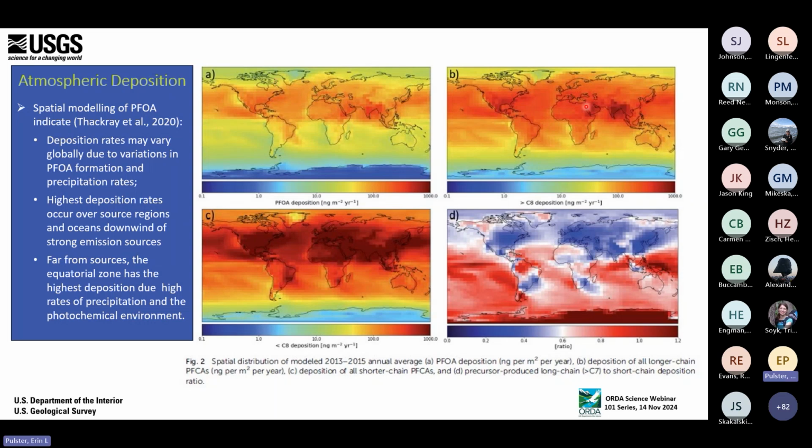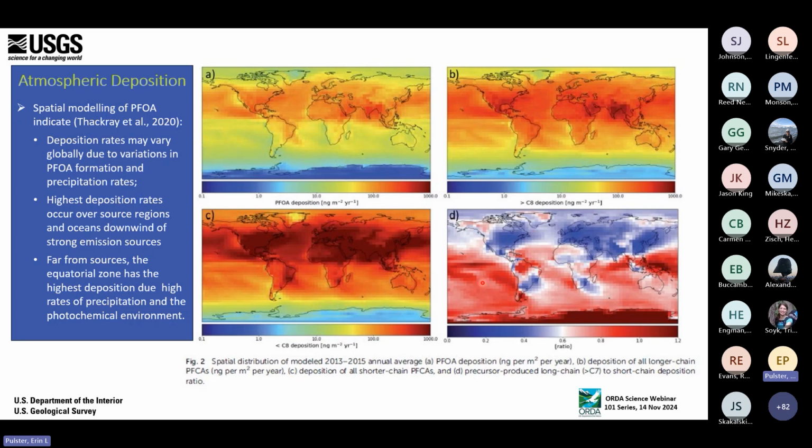These highest deposition rates, again, typically occur over source regions or downwind of strong emission sources. And then what you see from a lot of the high deposition is in the equatorial zone, and this is primarily due to the high rates of precipitation and photochemical transformation throughout the environment.